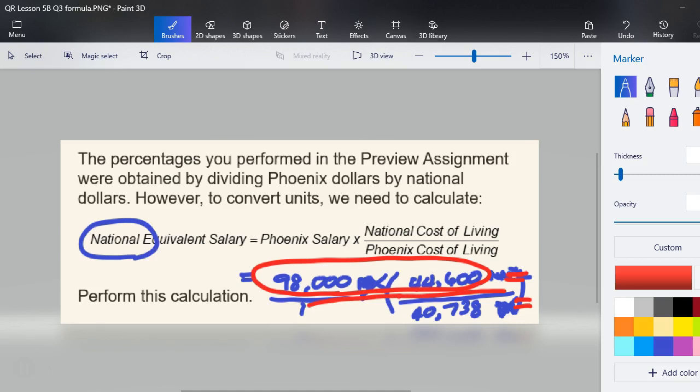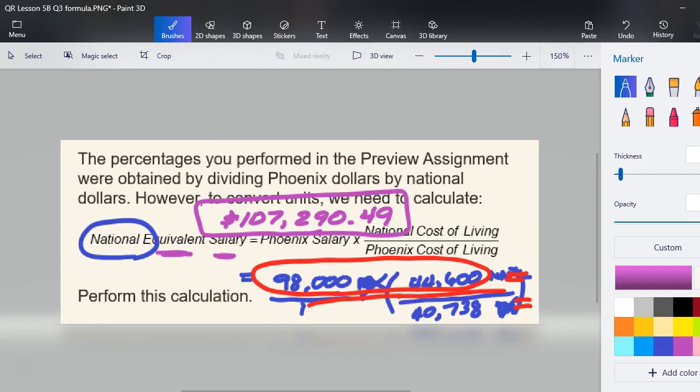I'm going to divide it by $40,738. And the number I see on my screen is, I'm going to write it up here because I've run out of drawing space, $107,290.49. This is putting the Phoenix salary in terms of a national equivalent.